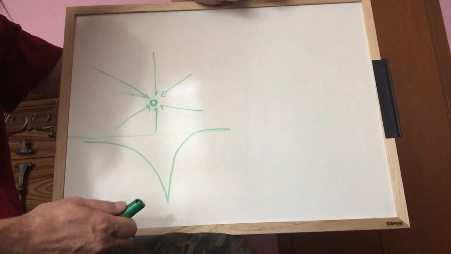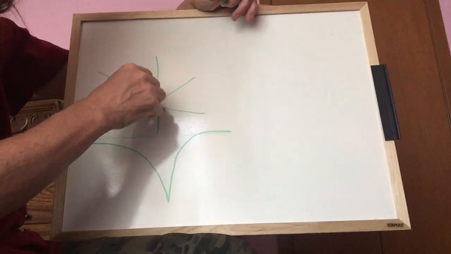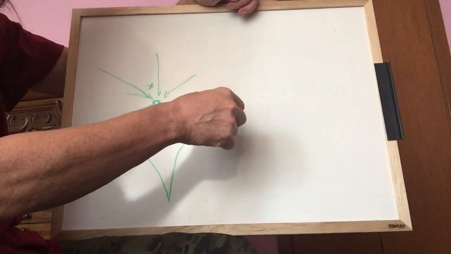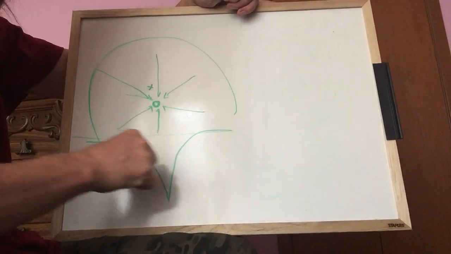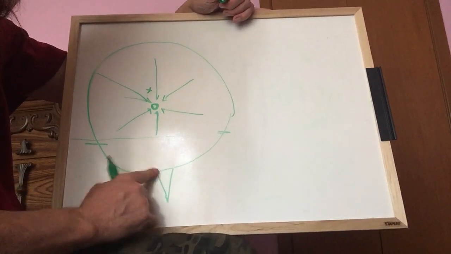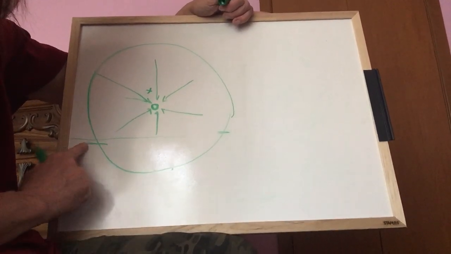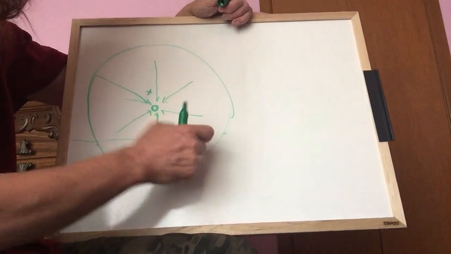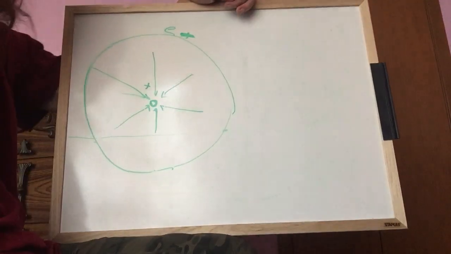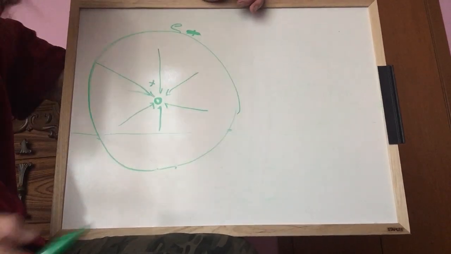We have a convergence of space, which creates the positive charge. And we have a divergence over here, compensatory, which creates the negative charge. Okay, this is the premise.